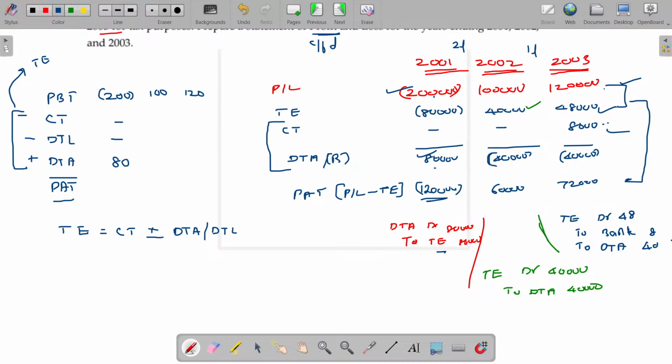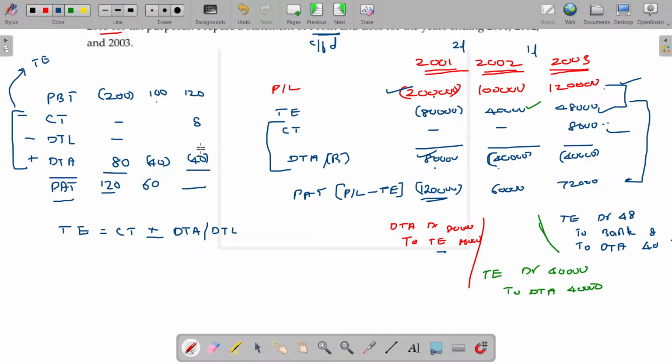In the second year, DTA 40 negative, reversal of DTA. And in the last year, current tax 8, DTA reversal being 40. Reversal means a minus item. So 200 is a plus item, then 100 minus 40 is 60.